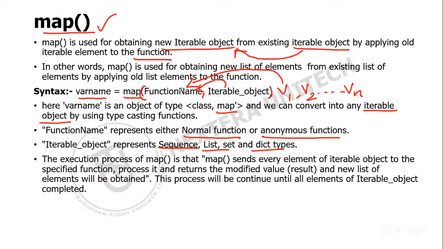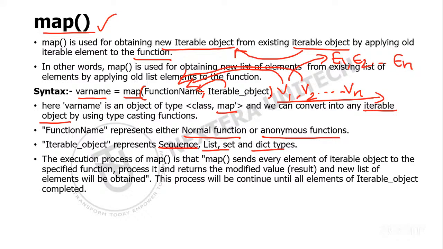And a new element will be obtained for value 1. It does the same for value 2, a new element, and so on, up to element n. The same process will be continued for all the elements present in the iterable object.